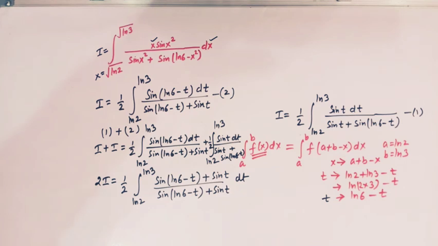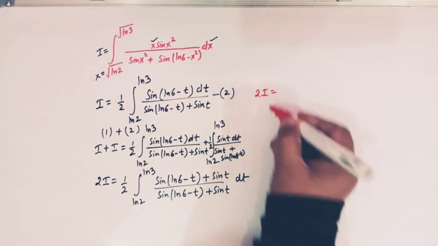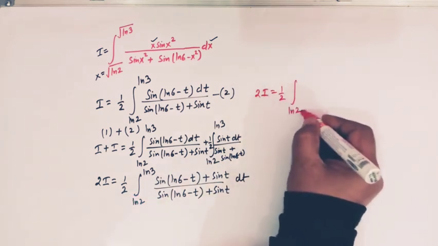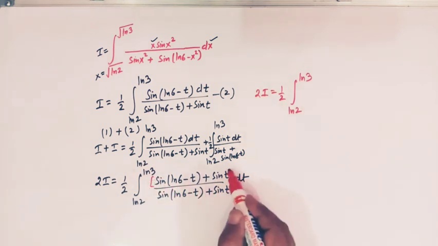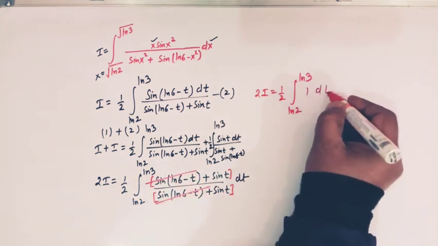So we can write 2I equal to half, with limits from ln 2 to ln 3, and the numerator and denominator terms cancel, and we are left with 1 dt.